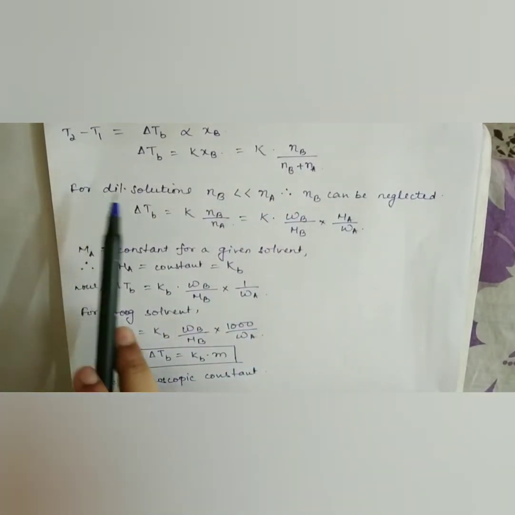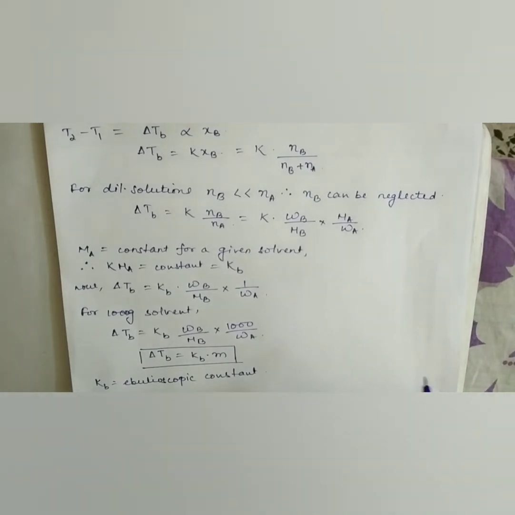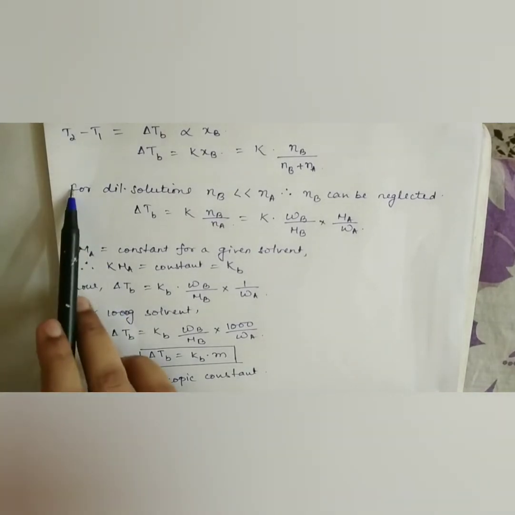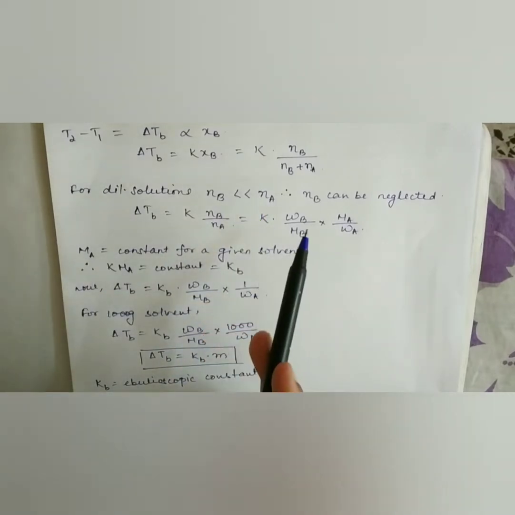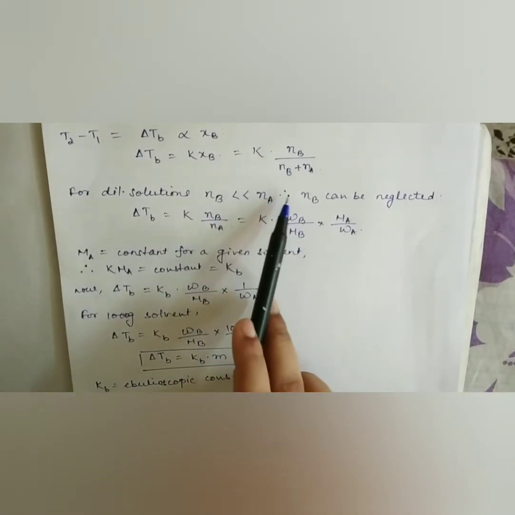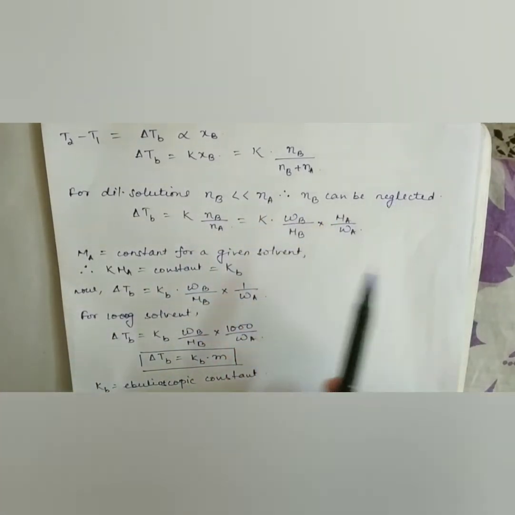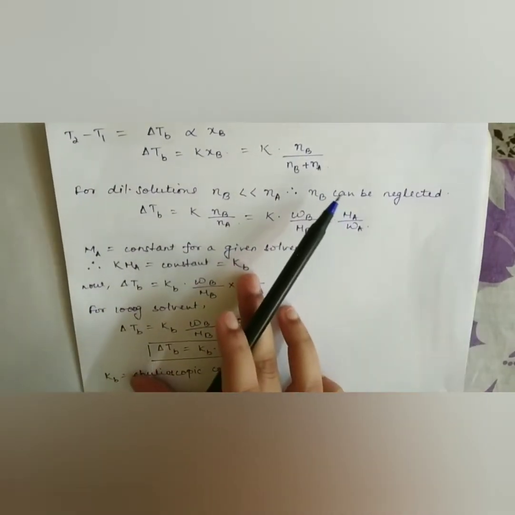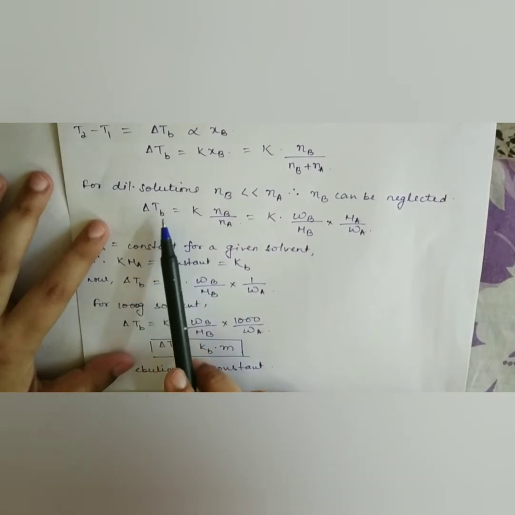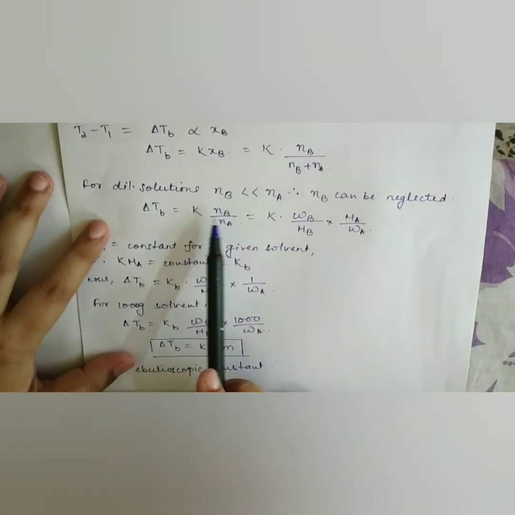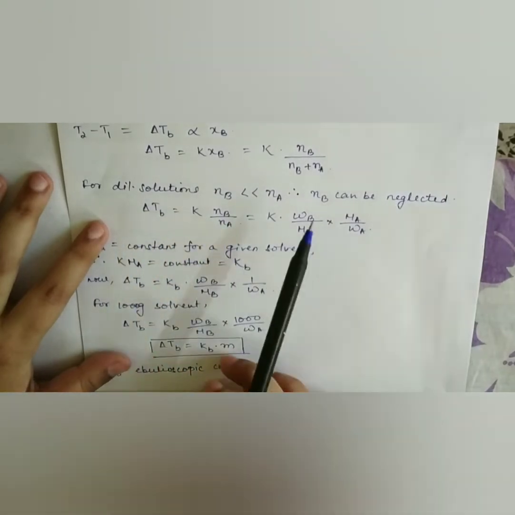Now since we are talking about dilute solutions, and colligative properties are always studied using dilute solutions, for dilute solutions NB is very less than NA, obviously. Therefore NB can be neglected in this equation. So we can write delta TB is equal to K into NB by NA.